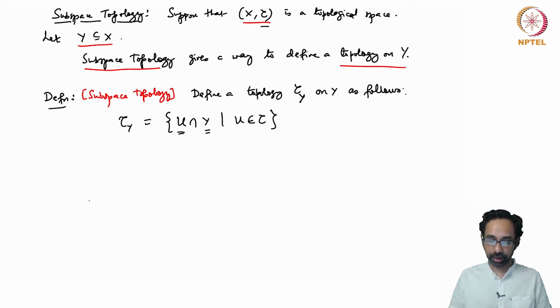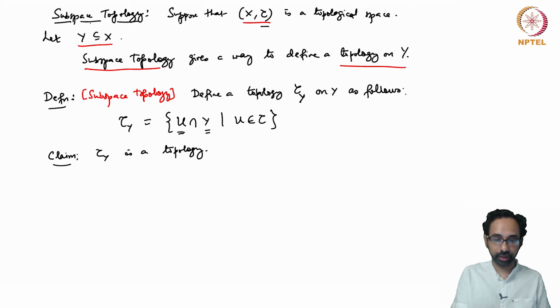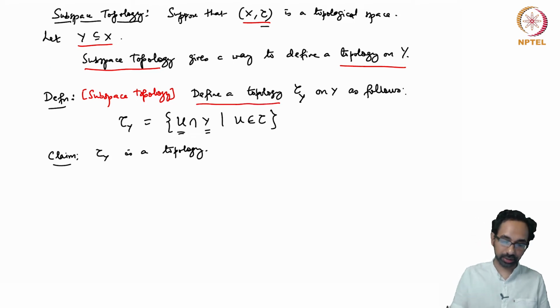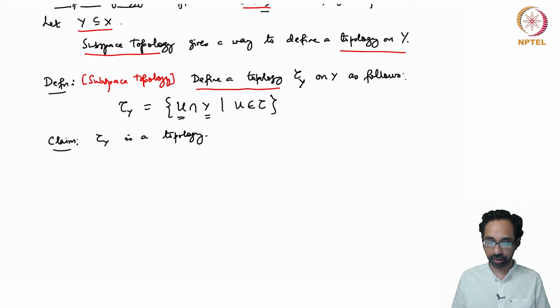Okay, and our claim is that tau Y is a topology. When I gave the definition, I already claimed that it is a topology, so let's try to see why it is a topology.